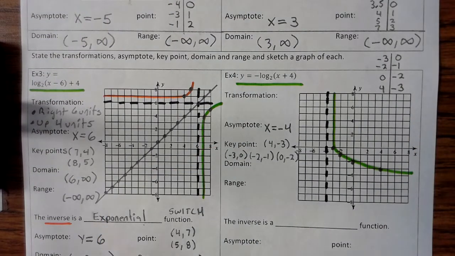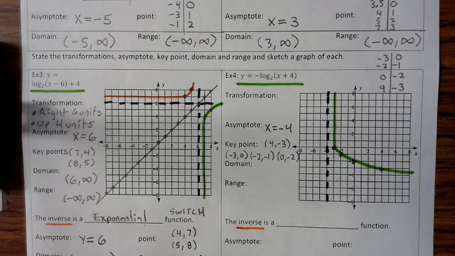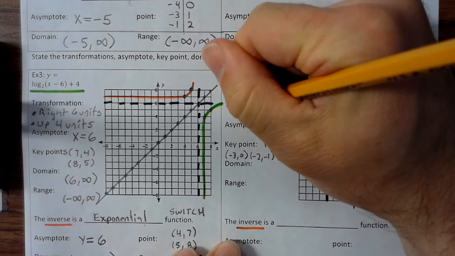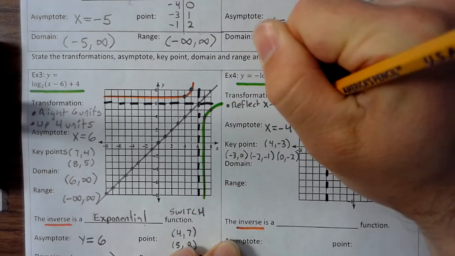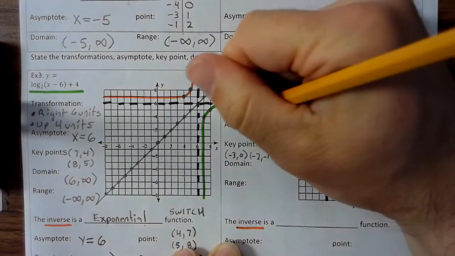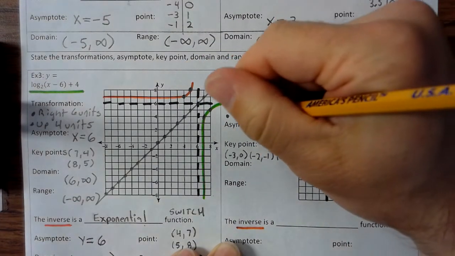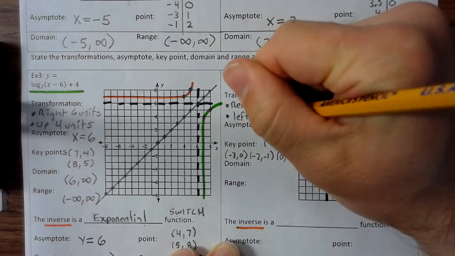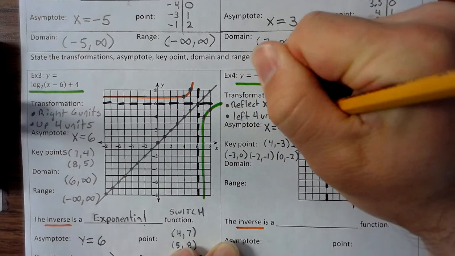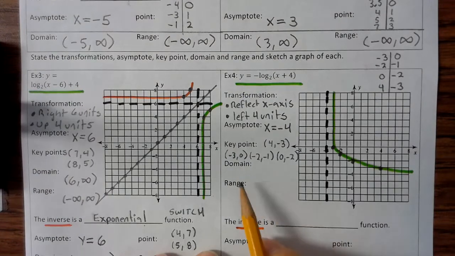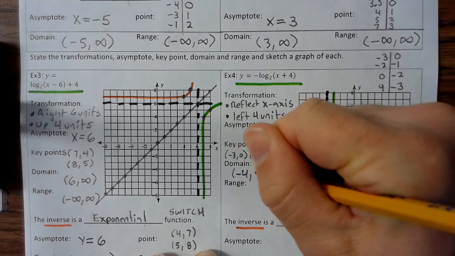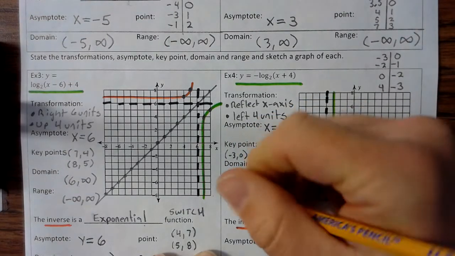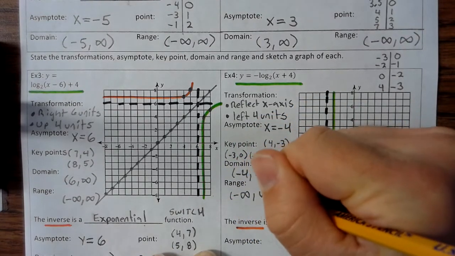And we'll do our exponential, which in this case is the inverse in orange. Now transformations reflect x-axis and then left 4 units. Okay, domain we know is from -4 to infinity, and range is -infinity to +infinity.